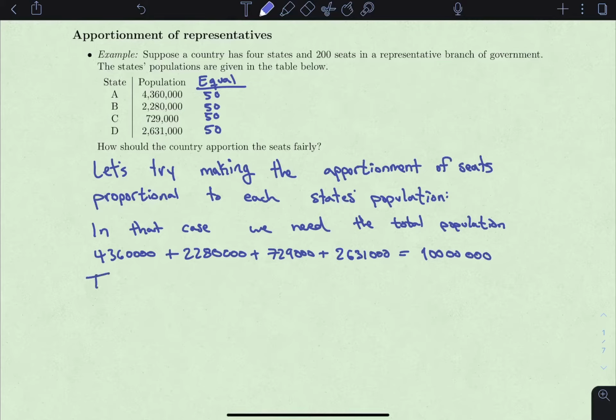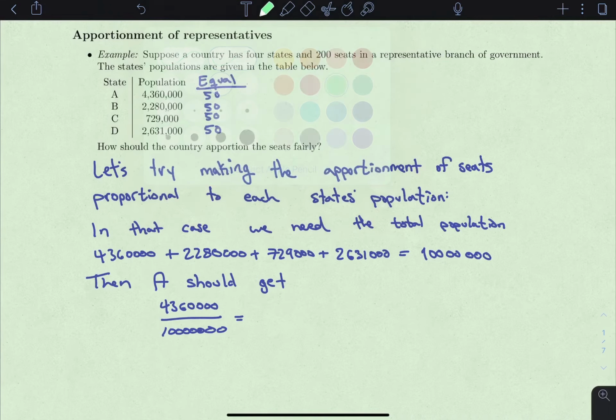Then A should get, and we'll just see the percent of the total that A represents. All these zeros cross out, and that's 436 divided by 1,000.